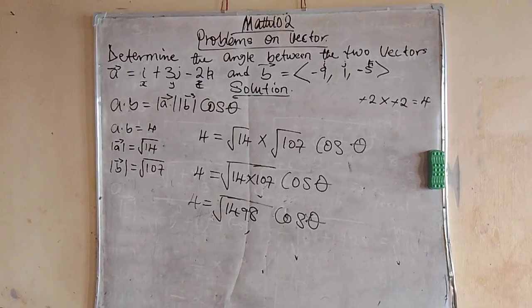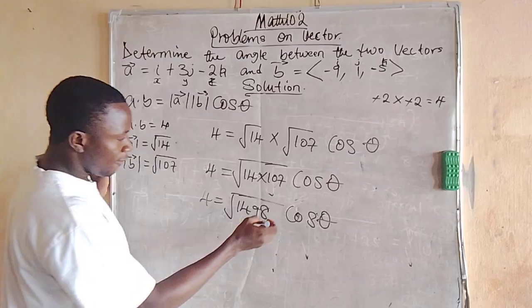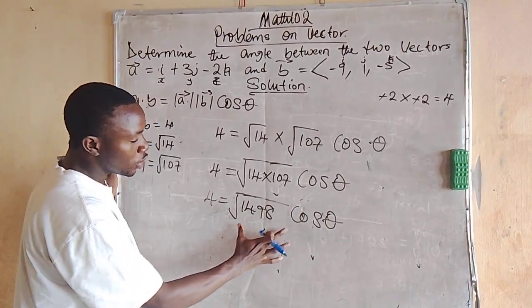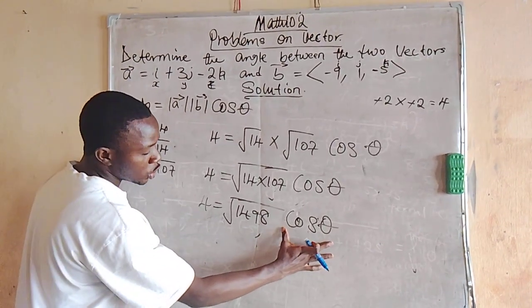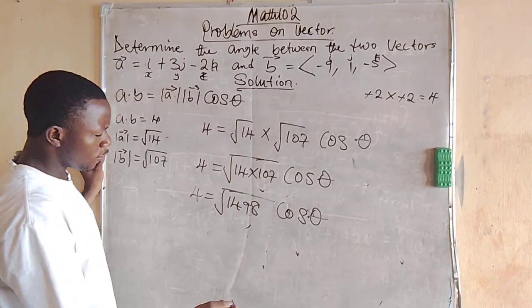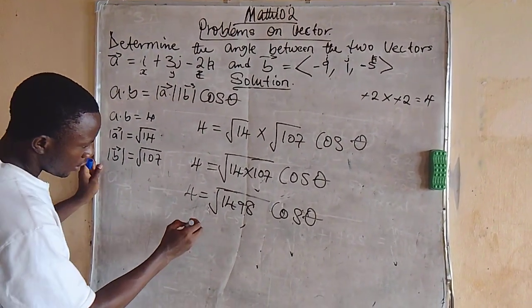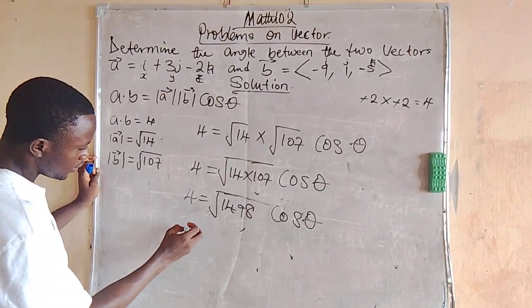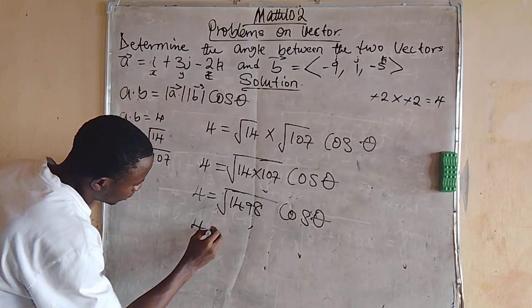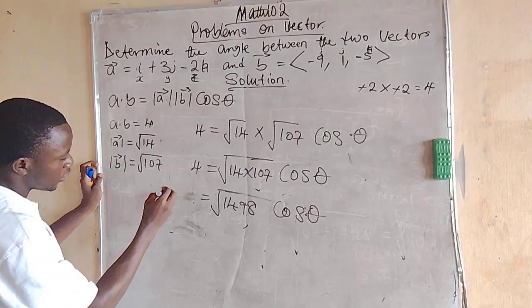We are going to divide both sides by the coefficient of cos theta, so that we can make theta the subject of the formula. This is 4, right?